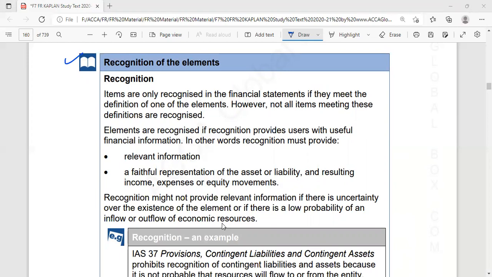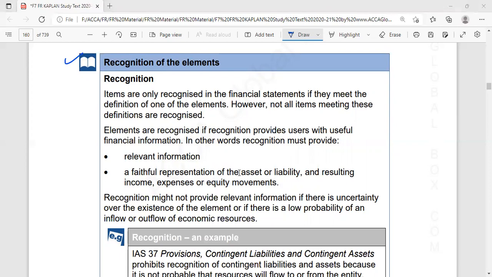We create an item on the face of the financial statement only when it meets the recognition criteria, only when it meets the definition criteria of that item. Then we recognize that item on the face of the balance sheet or P&L.